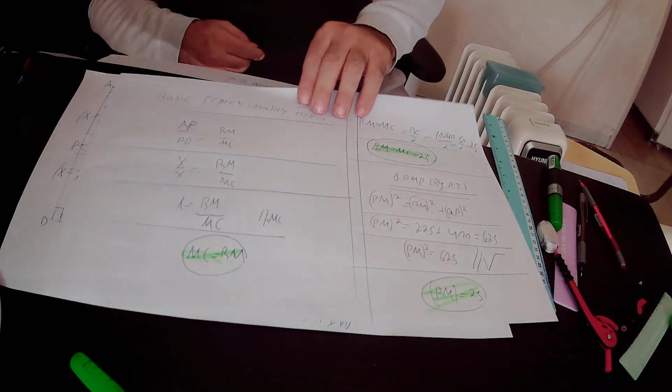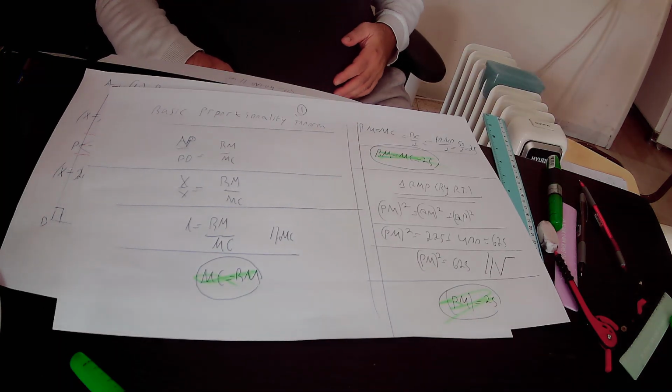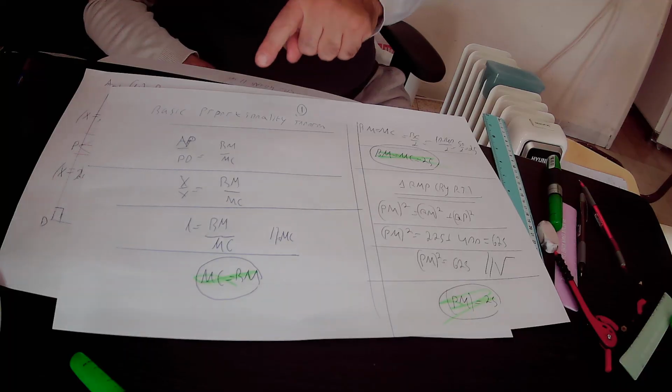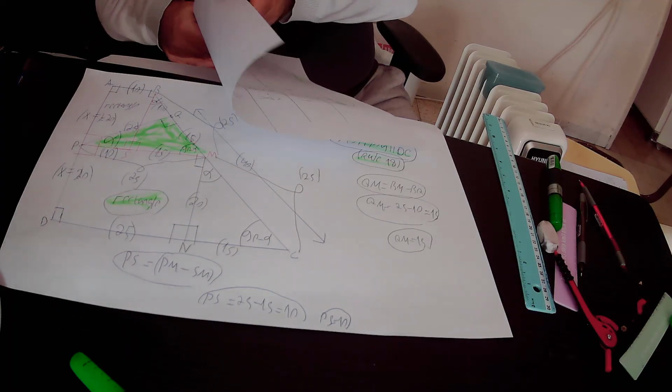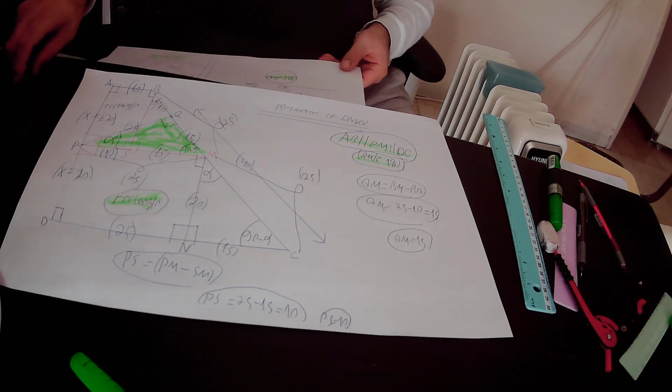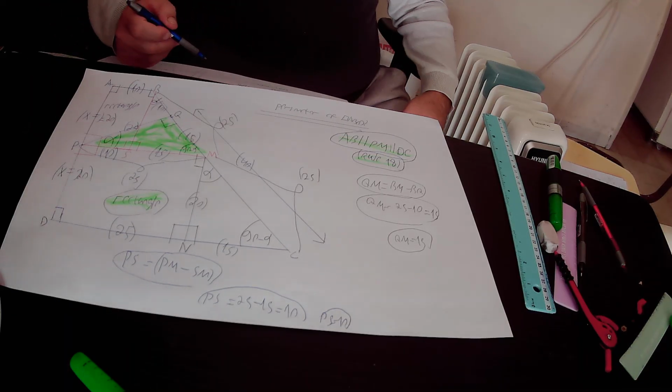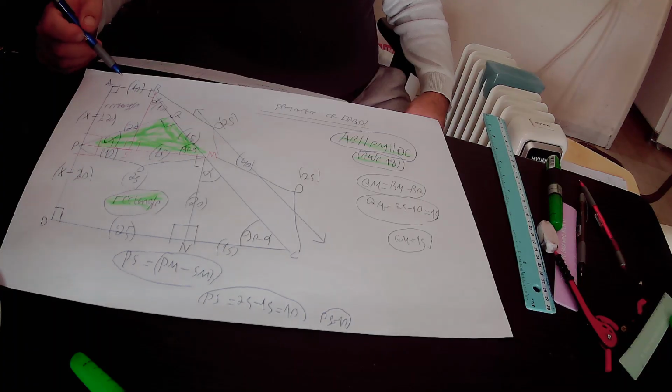And again, going to the basic proportionality theorem, AP over PD equals BM over MC. According to what is given in the question, AP equals PD.